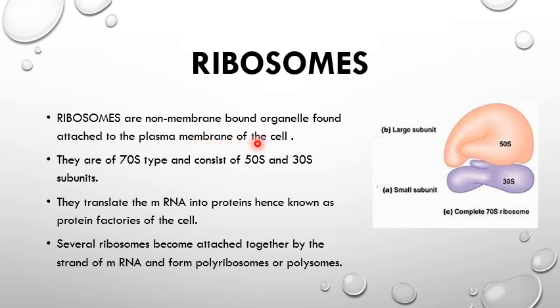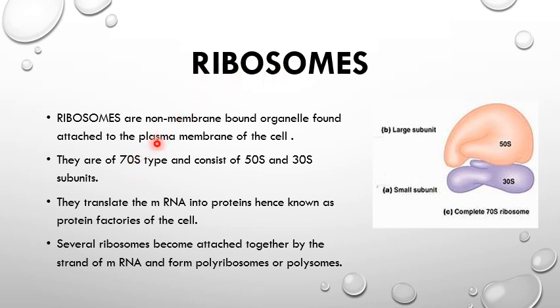The type of ribosome present in the prokaryote is 70S. S is the unit of the ribosome, the sedimentation coefficient, also known as the Svedberg unit. Svedberg is the name of the scientist who coined the name ribosome.